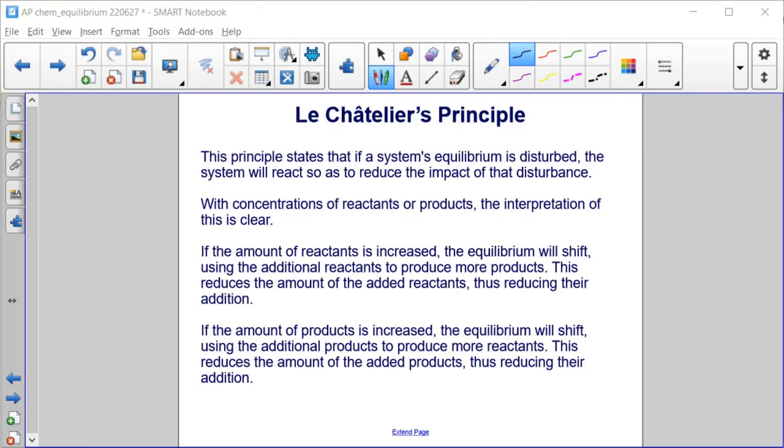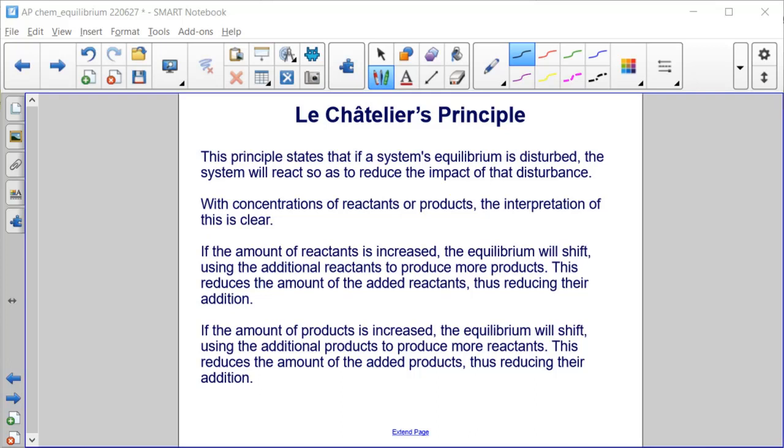This principle states that if a system's equilibrium is disturbed, the system will react so as to reduce the impact of that disturbance. With concentrations of reactants or products, the interpretation of this is clear. If the amount of reactants is increased, the equilibrium will shift using the additional reactants to produce more products.